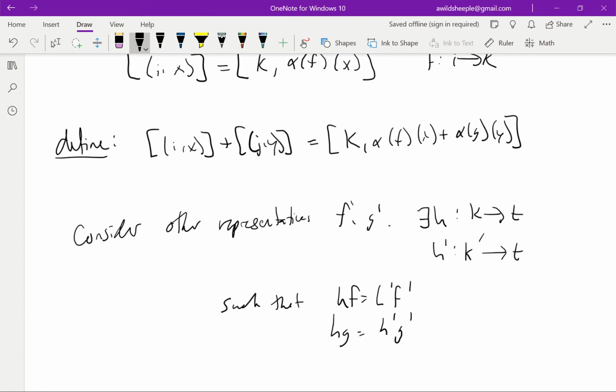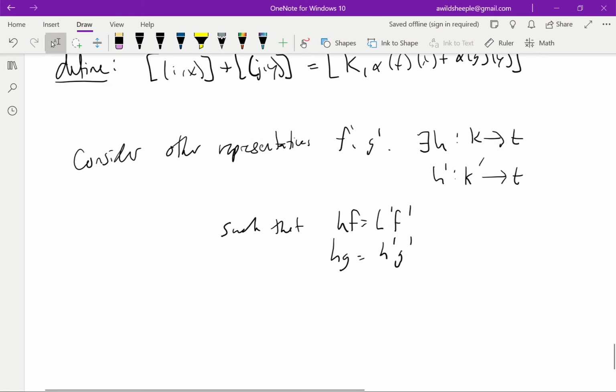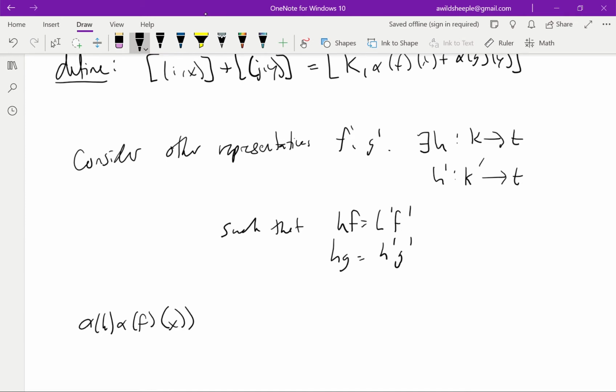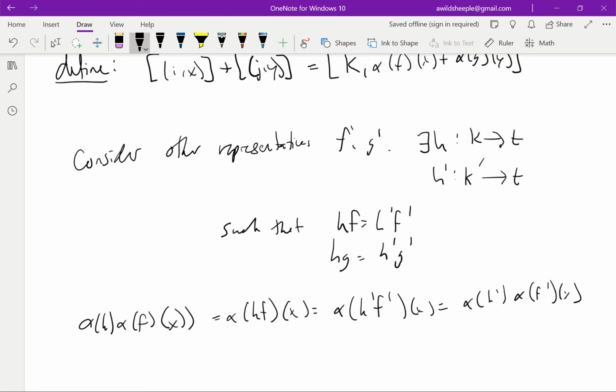And now from this, what we see is that we can calculate. We can write alpha of h, alpha of f, x equals alpha of hf applied to x, which is alpha of h prime f prime applied to x, which is alpha of h prime alpha of f prime of x.